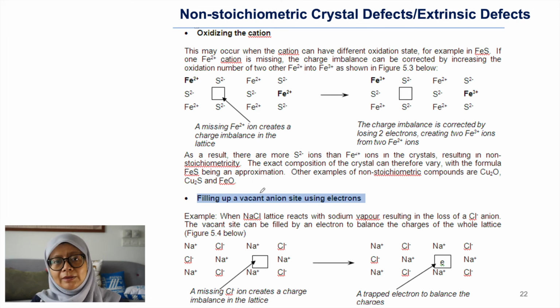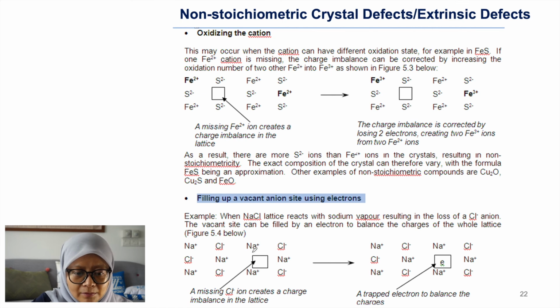The second one, other than oxidizing the cation, is filling up a vacant anion site using electrons. We balance the imbalanced charge using electrons. For example, this is a sodium chloride lattice that reacts with sodium vapor, resulting in the loss of chloride ions.